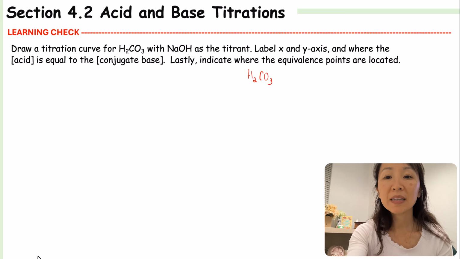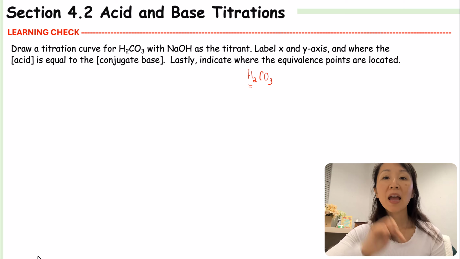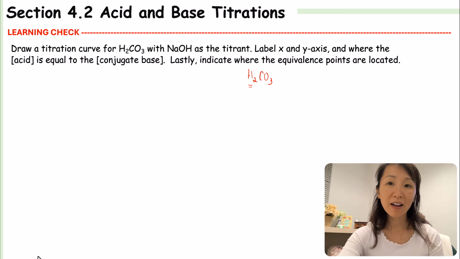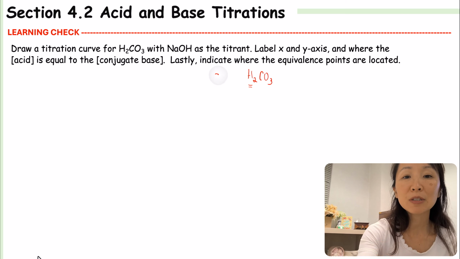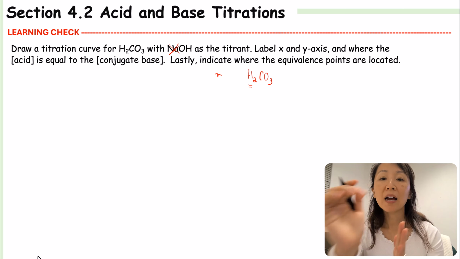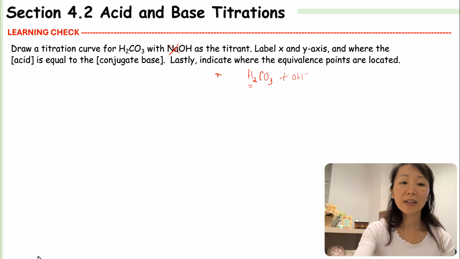It has the ability to donate 2 of the hydrogens, but we're only going to take one step at a time. Another thing we want to recognize before we graph this is the spectator ions, and we want to get rid of those. The spectator ion here is sodium, so I'm going to take that out. So we have the carbonic acid interacting with OH minus. So let's go ahead and draw this graph.